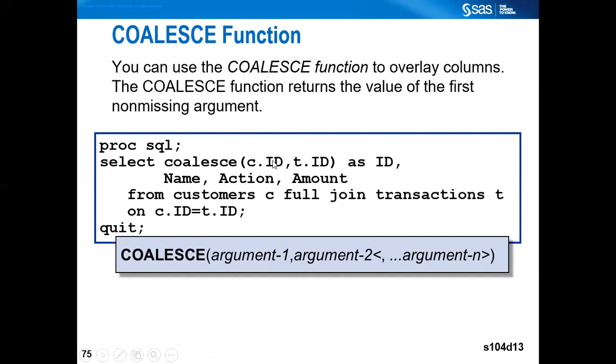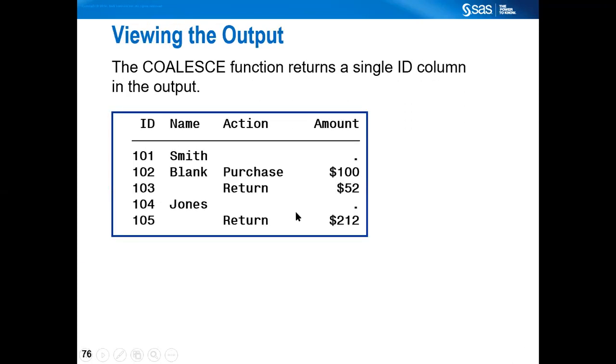So it will have only one common column, and the values will be arranged so that among the two IDs, the first non-missing value is taken. It will not arrange the missing value first. COALESCE returns the value of the first non-missing argument. That's why you get the result like this. Fine.